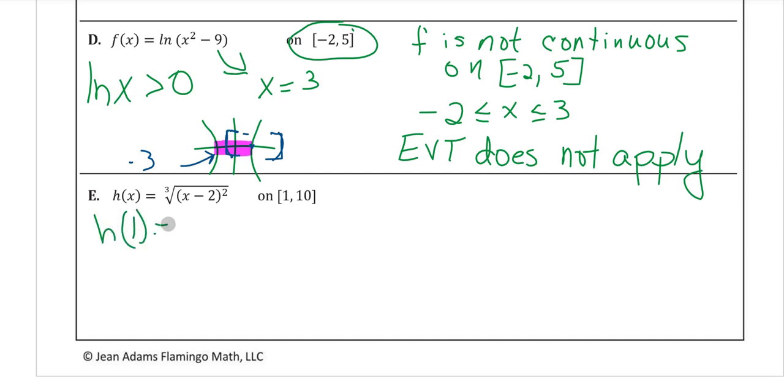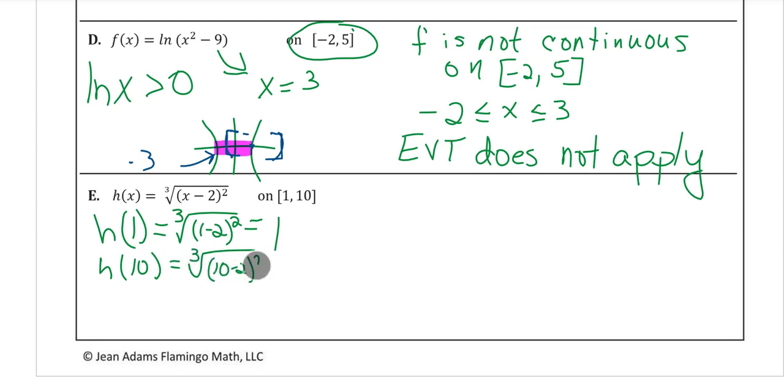So h of 1 is going to be the cube root of (1 minus 2) squared. And when we do that, we get a 1, of course. And h of 10 is going to be the cube root of (10 minus 2) squared, which is the cube root of 64, which is going to equal 4.